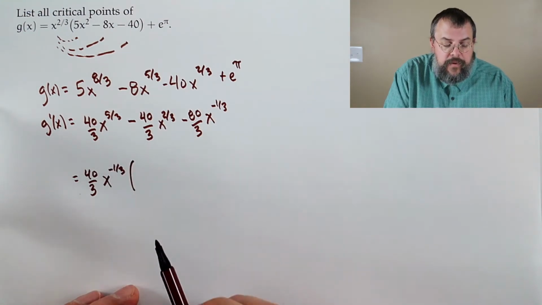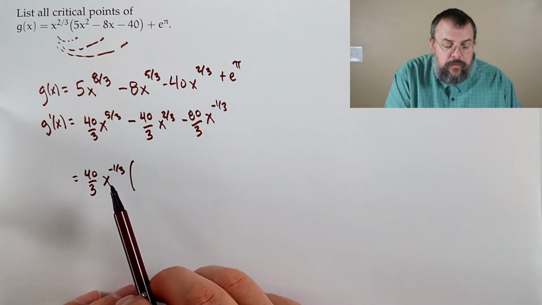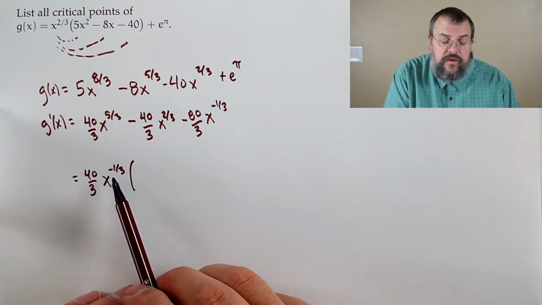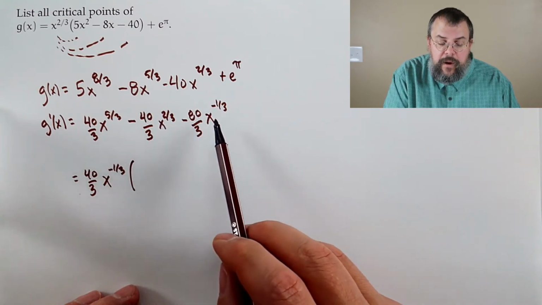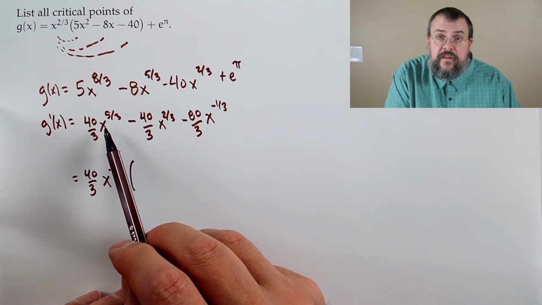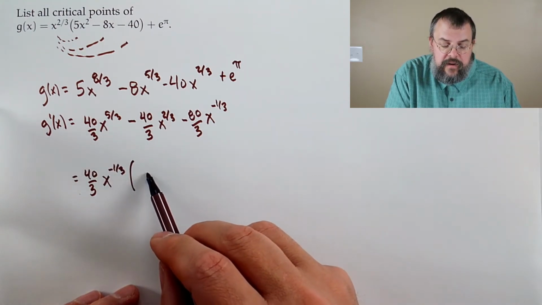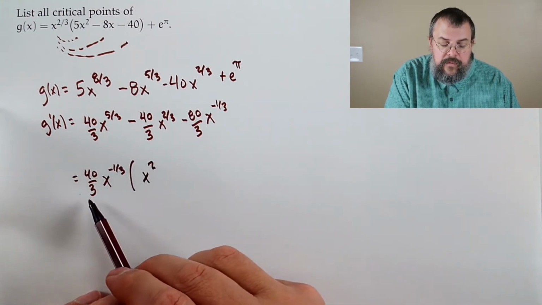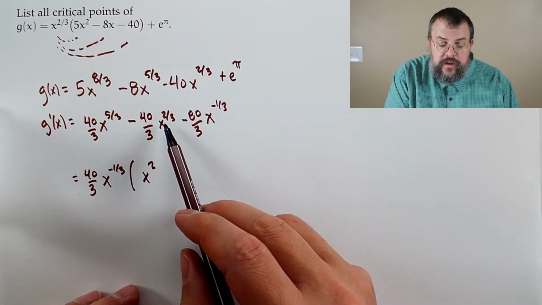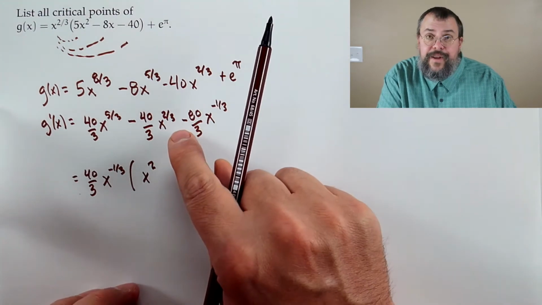Once we've done that, what will we have? Well, if we're pulling out x to the negative 1/3, it's equivalent to adding 1/3 to every power that's left. So here, I'm going to get up to x to the 6/3, which means it'll be x squared. And I grabbed the 40 over 3, so the coefficient is 1. Here it'll be x to the 3/3, because why am I saying 3/3, right?